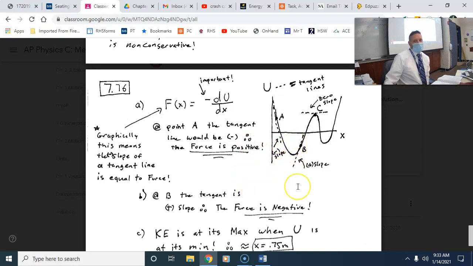The best way to remember that is to imagine this was physically a track, like a roller coaster track. If you displace something to the left or right of stable equilibrium, it wants to go back to the equilibrium position. If you displace it from a point of unstable equilibrium, right or left, it would fall off of it and not naturally want to come back to it.